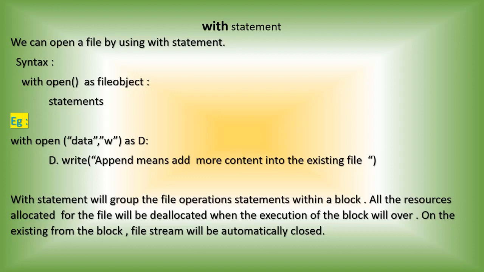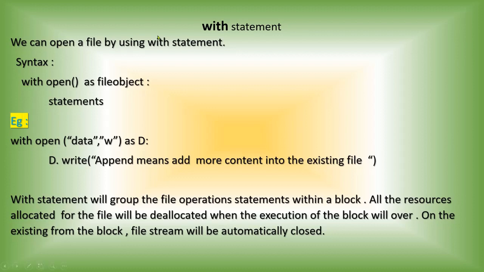The with statement will create a block, and inside the with statement's indentation you can write all the file operations. When you exit from that with statement, automatically the file object will be closed. You don't need to explicitly close that file object.